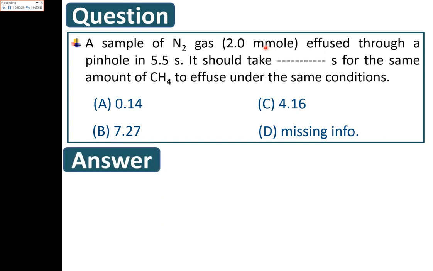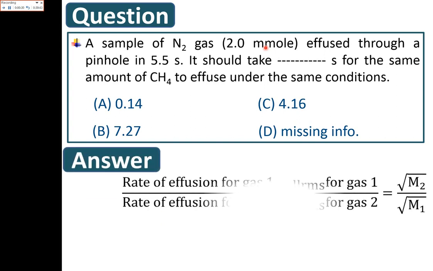So let us apply the formula that we have taken, that the rate of diffusion of gas 1 over the rate of diffusion of gas 2 is equal to the root mean square velocity of gas 1 over the root mean square velocity of gas 2.